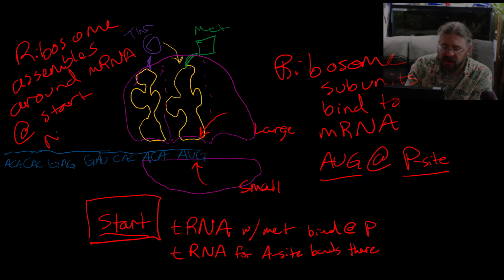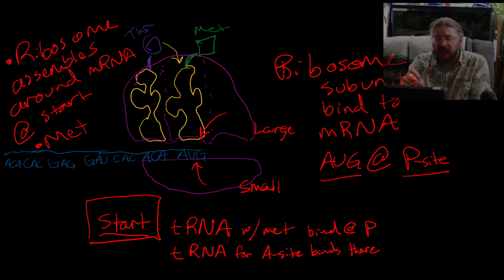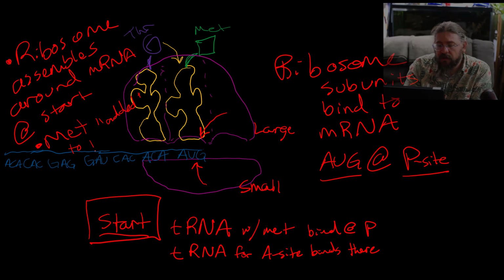And MET is added to our polypeptide chain, which at the moment, polypeptide does not do a very good description of it because we just have a single MET now. Okay, so this is starting.